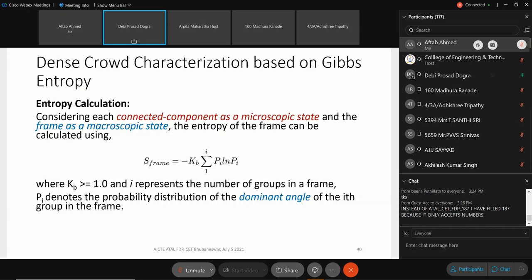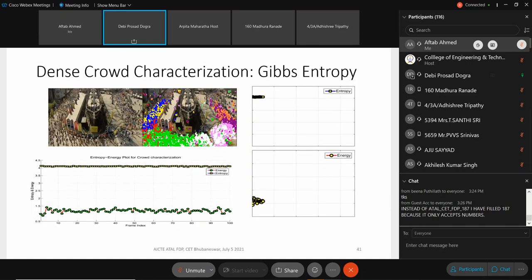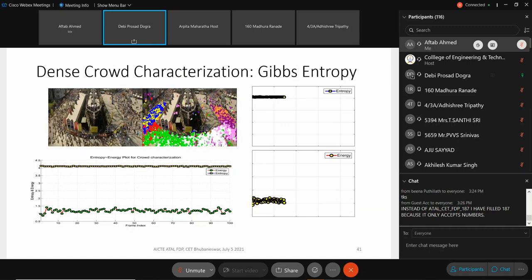So the entropy of the frame can be calculated using this, where I is the number of groups in a frame, and you find the probability distributions of the dominant angle of the ith group in the frame, and you do the observation. Now I'll show you some examples of these two parameters, particularly entropy and energy.